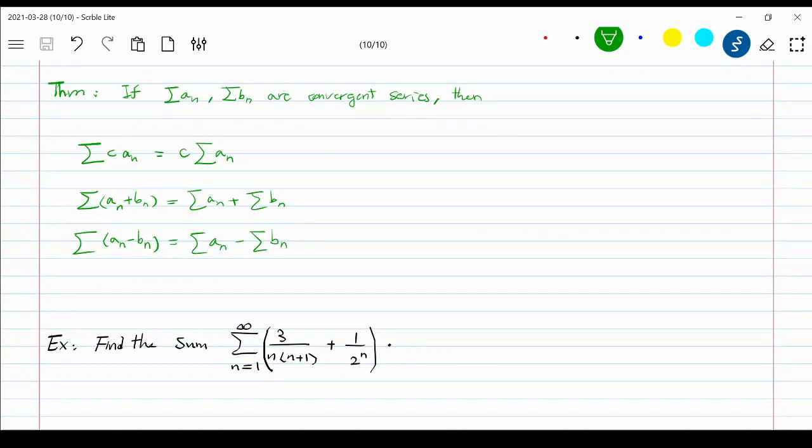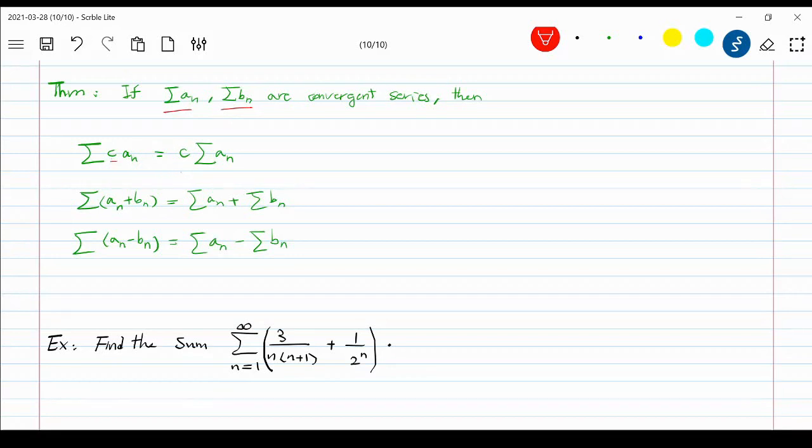Okay, so now let's focus on this last theorem, which is basically a consequence of the existence of limits. If you have two convergent series, that means the limits of Sn both exist, then if you multiply a constant to that series, what you have is a convergent series.